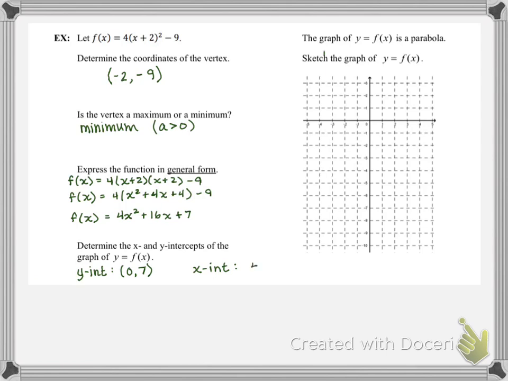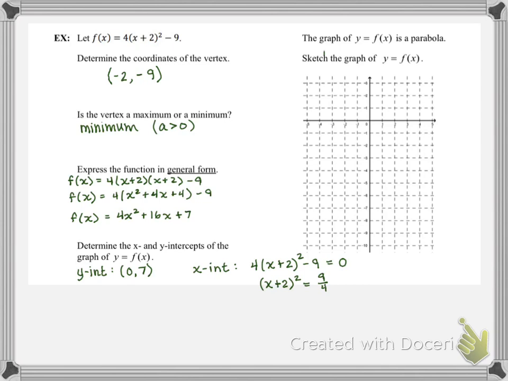If I take standard form, and I add 9 to both sides and divide by 4 on both sides, I just get x plus 2 squared equals 9/4.